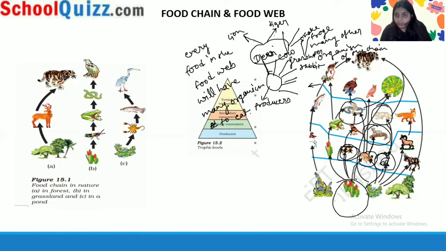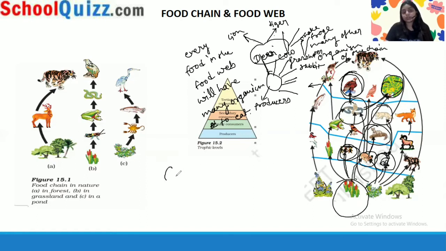Then this snake is eaten by this big bird, which is the hawk or the eagle, and is also eaten by this peacock. So you can say there is a network of many organisms in the food web, and this is the basic difference between the food chain and the food web.